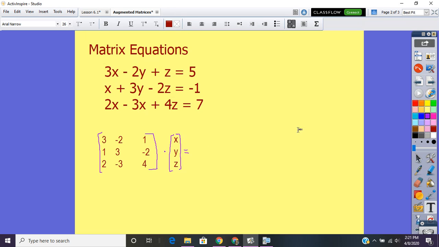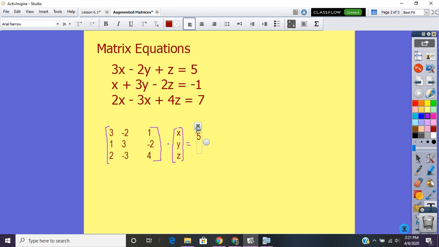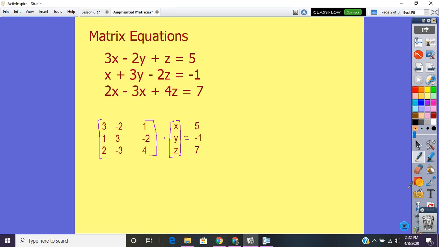So my constant matrix is going to be 5, -1, and 7. And recall that you cannot divide with matrices. It'd be much easier if we thought of this as -2x equals 5, and then I could just divide, but that is not the case.